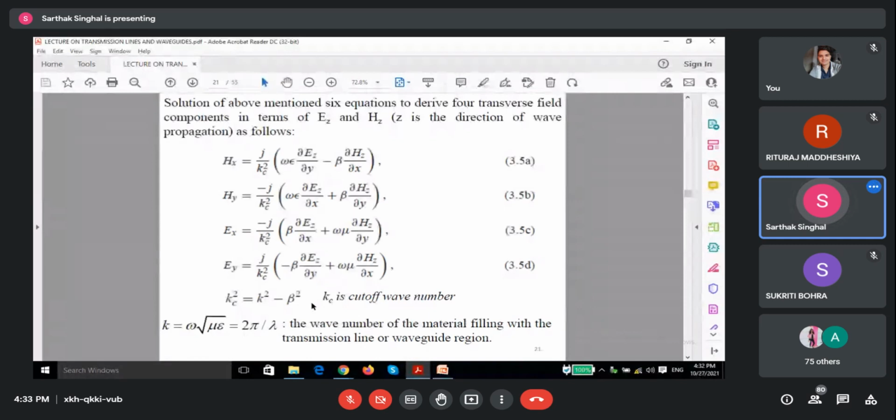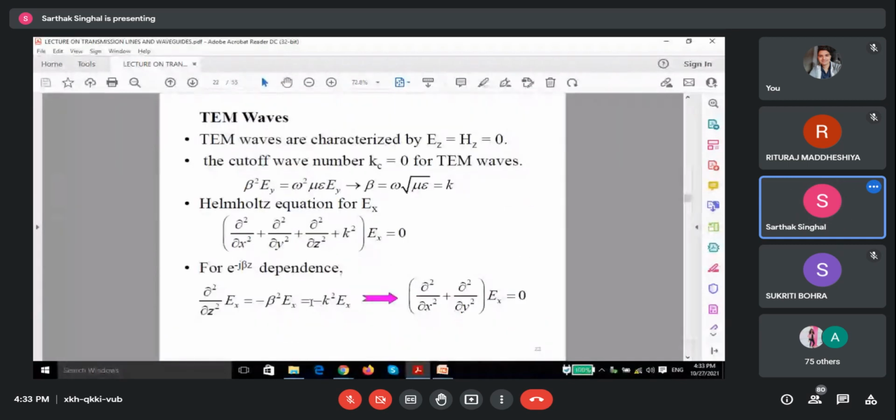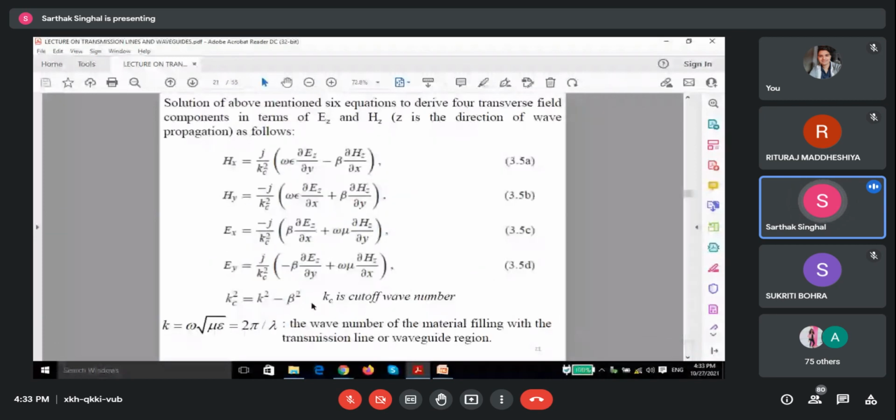When will you say the wave is a TEM wave? When the Z components are zero, both of them. So if both the Z components are zero, will there be any components Hx, Hy, Ex and Ey?